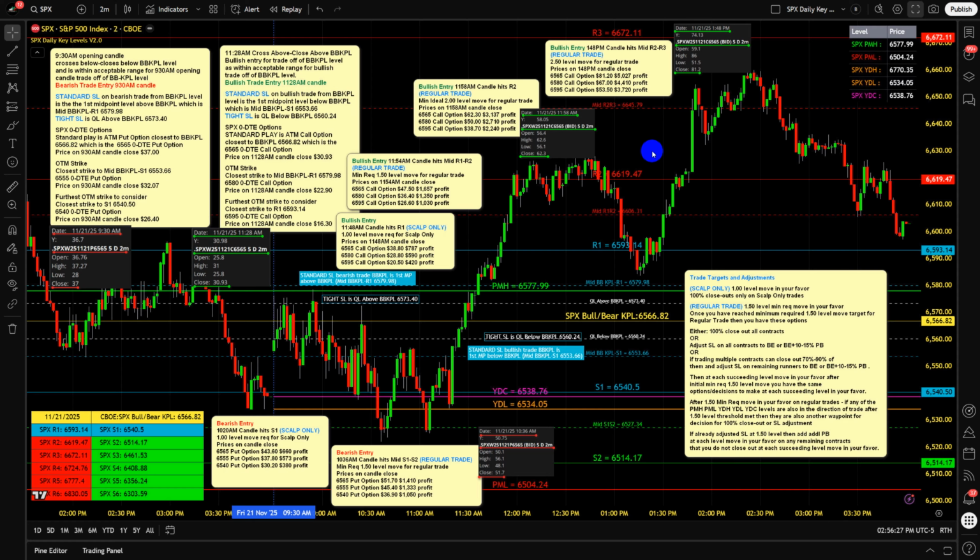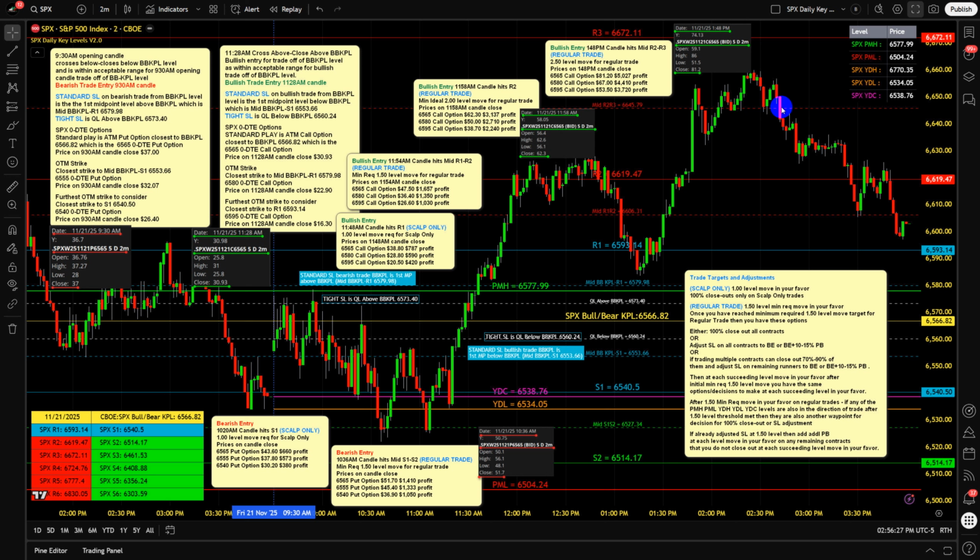The advantage of 1 DTE options is that if you have a move that is moving into the later part of the session, the 1 DTEs will retain more of their time value and will be less prone to yo-yoing of the price back and forth in the later part of the session because of that time value still being there.